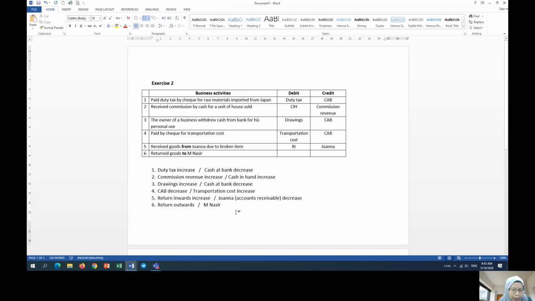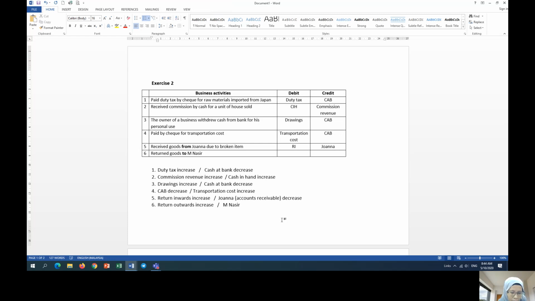Return outwards is increase ke decrease? Return outwards increase. Okay, pulangan keluar bertambah. Sebelum ni kita tak pulangkan barang, sekarang kita pulangkan barang, maka return outwards increase. Kepada siapa kita pulangkan barang? Kita memulangkan barang kepada M. Nasir. Siapakah M. Nasir kepada kita?